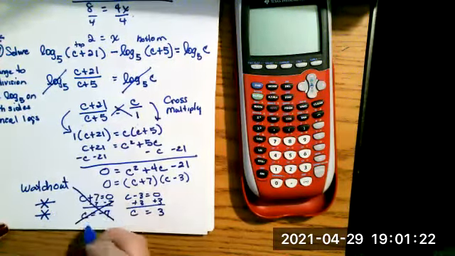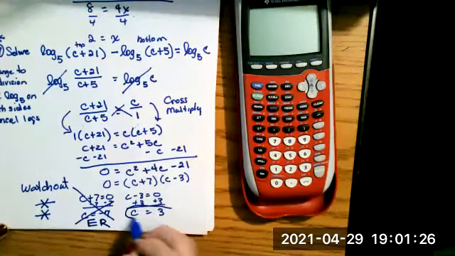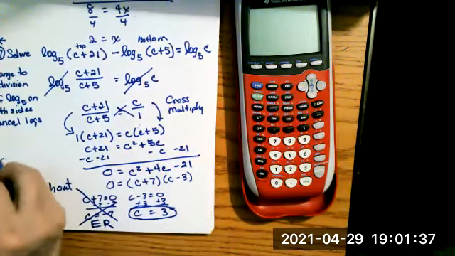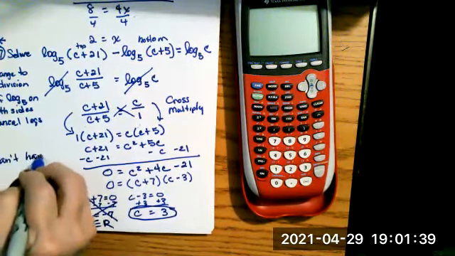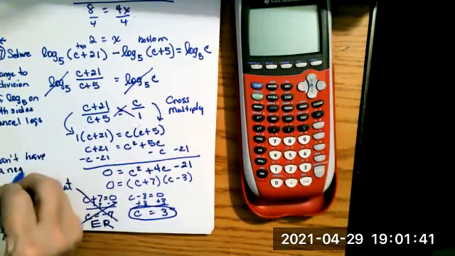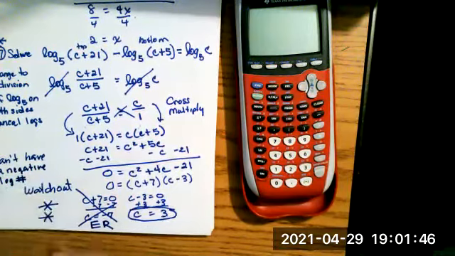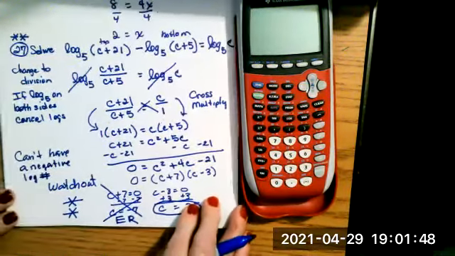So this one is called an extraneous root, and so the only answer that I have is that 3. So watch out for those negative log numbers. You can't have a negative log number. That big number there, that negative log number, you can't have it.